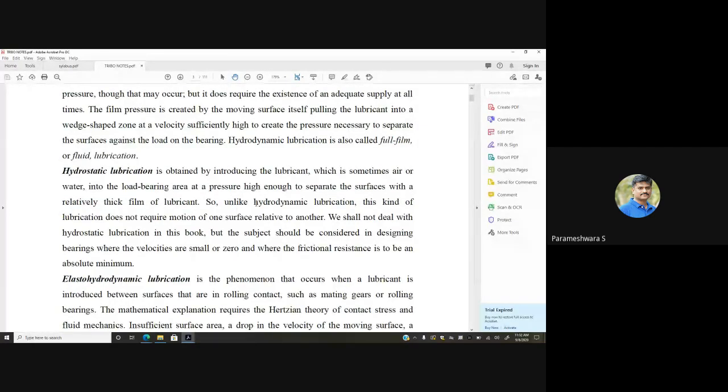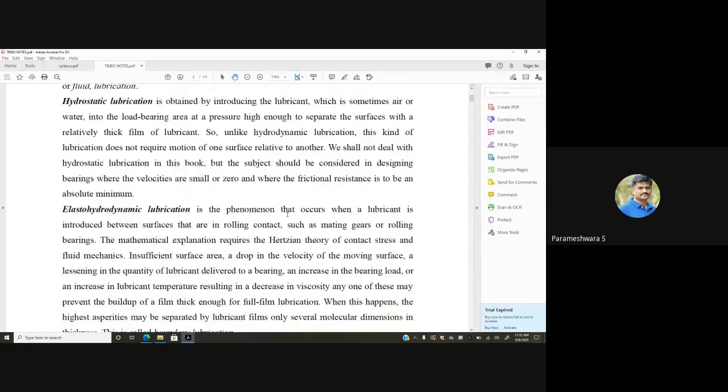Whereas in hydrodynamic lubrication, you need not supply the lubricant externally. The hydrodynamic action created between the running shaft and the bearing block is enough to lift the journal.